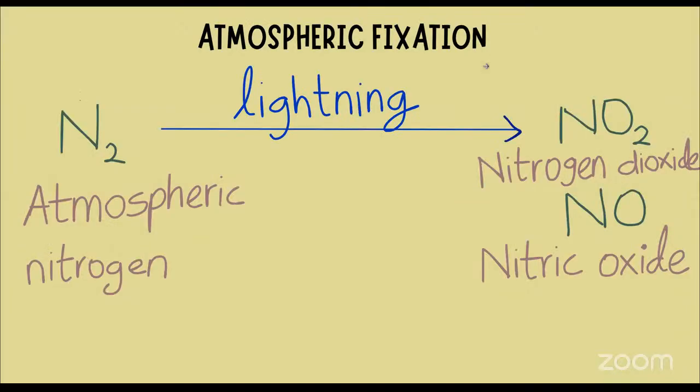Moving on, we have atmospheric fixation. So atmospheric fixation is something that's going to be happening naturally. So during lightning, atmospheric nitrogen is going to be converted to nitrogen dioxide as well as nitric oxide. So this is very easy, right? So you just have N2, atmospheric nitrogen, in the presence of lightning, that is under high temperature, high pressure, it's converting to nitrogen dioxide and nitric oxide.